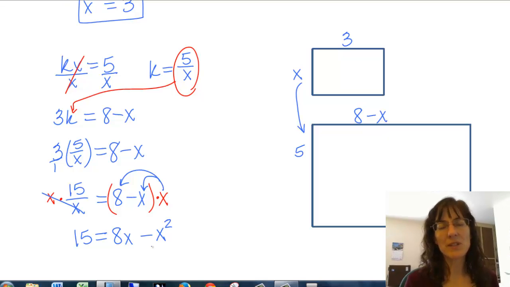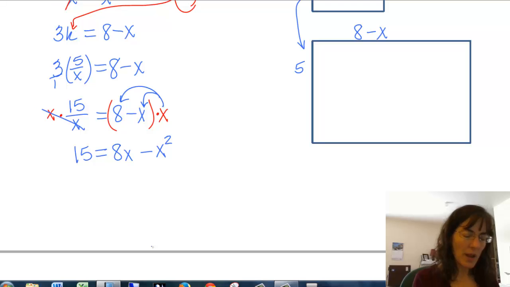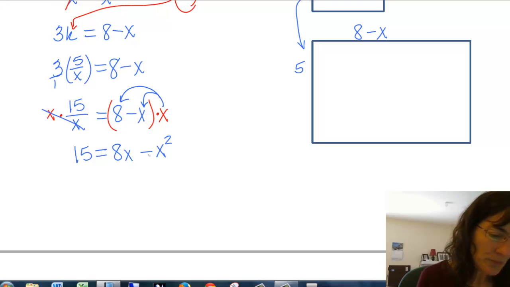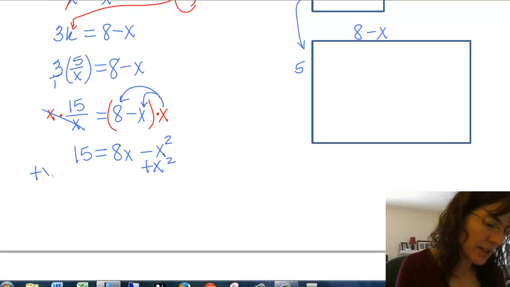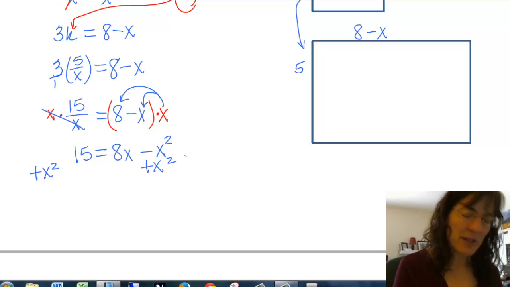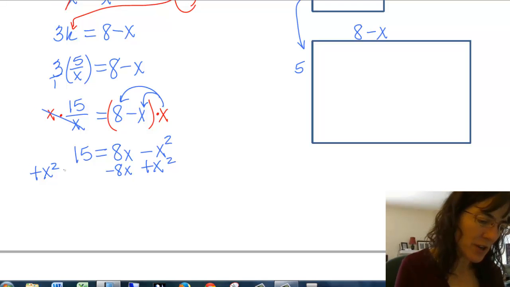Now because I have an x squared, I know I'm going to need to factor to solve this equation, and to do that I'm going to have to set it to 0. So I will do that. I want to move the x squared to the left because that'll make it positive, and I really prefer it that way when I'm factoring. So I'll subtract 8x from both sides as well.